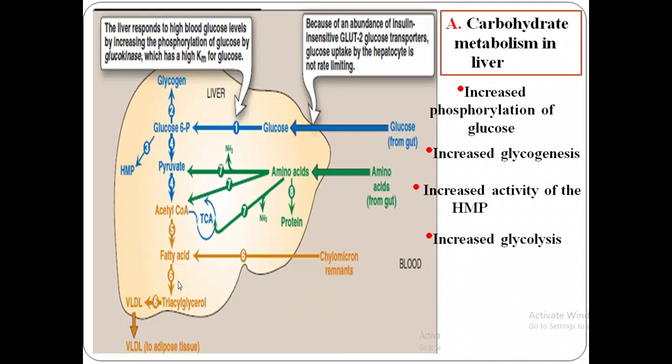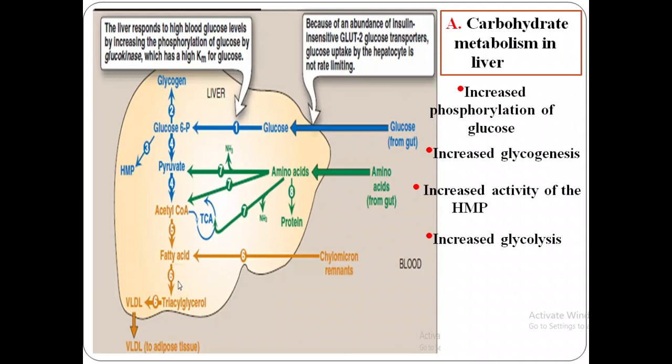Elevated insulin to glucagon ratio stimulates the conversion of glucose to pyruvate, and this is due to increased amount of the regulated enzymes of glycolysis such as hexokinase, phosphofructokinase 1 and pyruvate kinase.